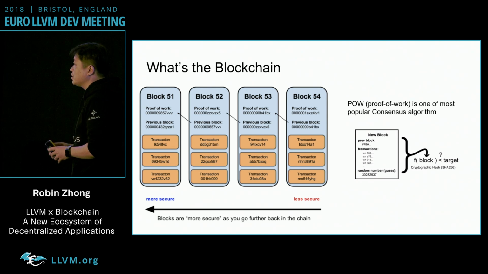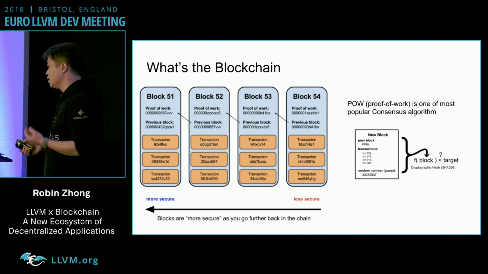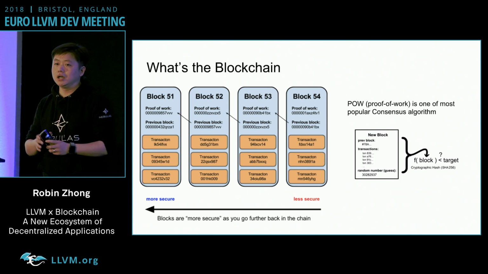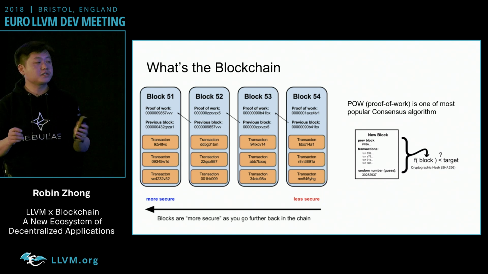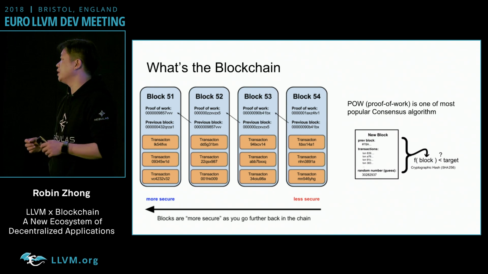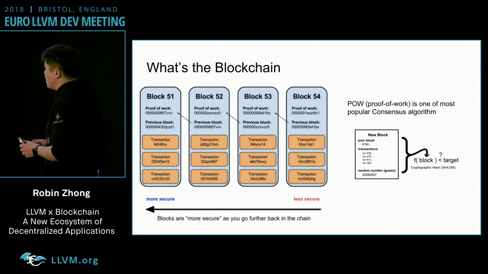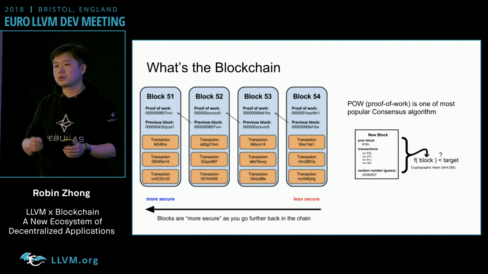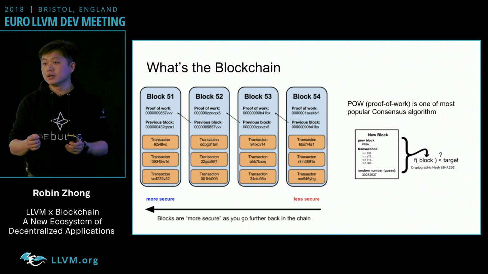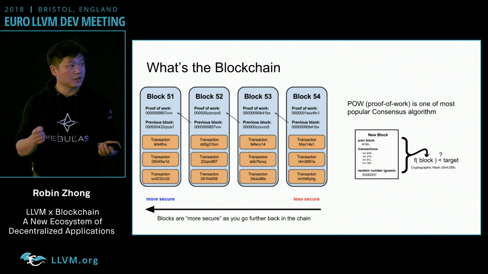The other is the collaborative approach. Like PBFT, we select a team, maybe 12 people, and those people create the blocks one by one. So those are two different consensus algorithms.